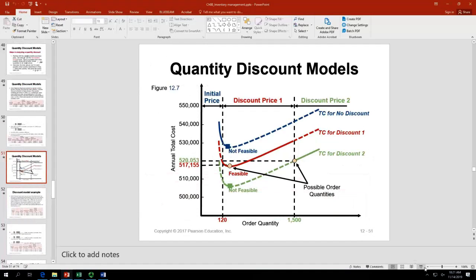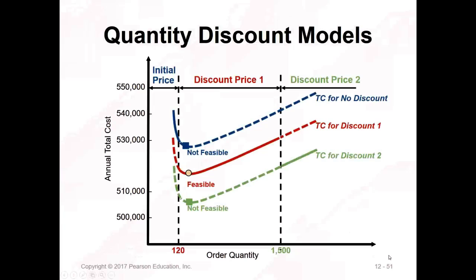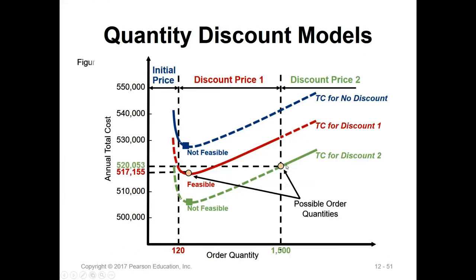Here is the essential idea of the discount model in this example. So if you use the 1,500 as the discount price, your total cost will be this green line. And if you use 120 to 1,500, now this total inventory cost will be this red line, and this will be the blue line. Look at this range, and this is the lowest point.